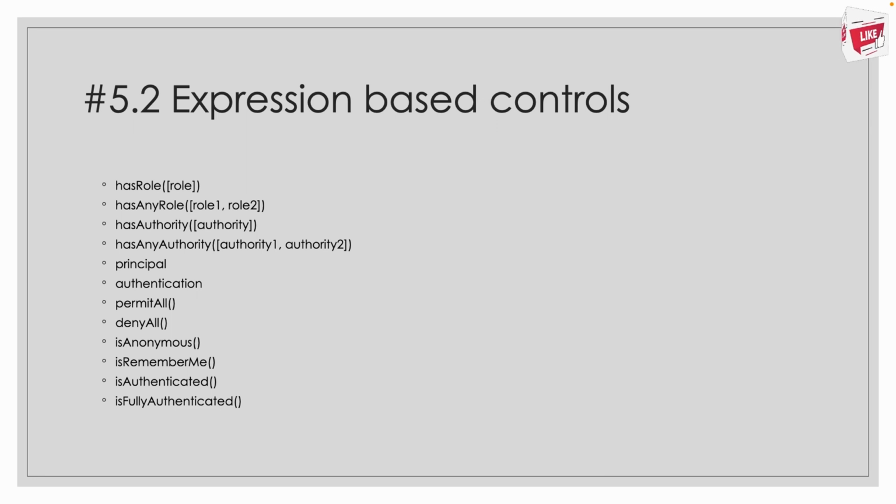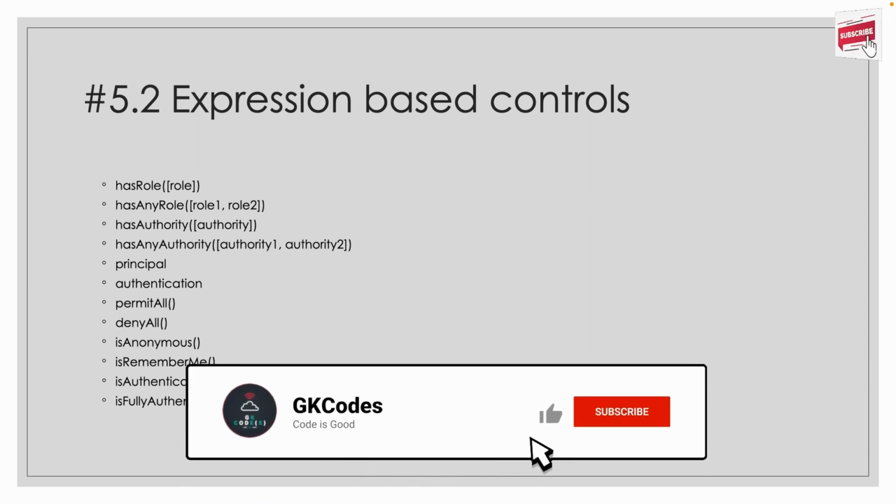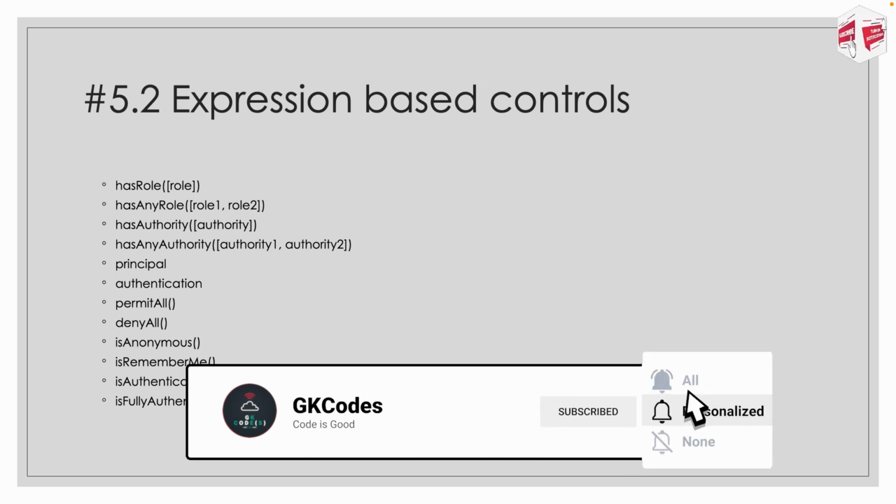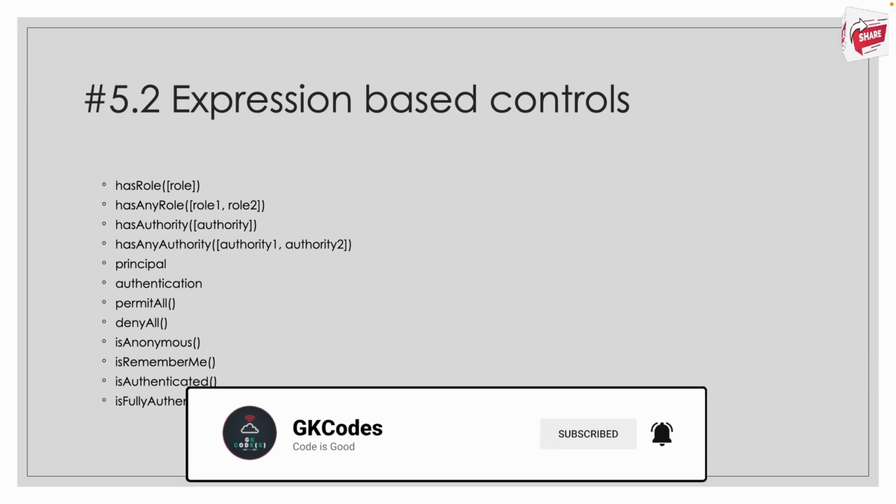The next one will be hasAnyAuthority. Here it will once again take a string of permissions separated by comma. This will return true if the principal user has any of those permissions. Anyone who has that particular permission can access your endpoint URL.